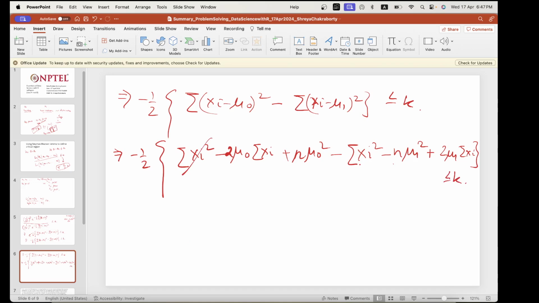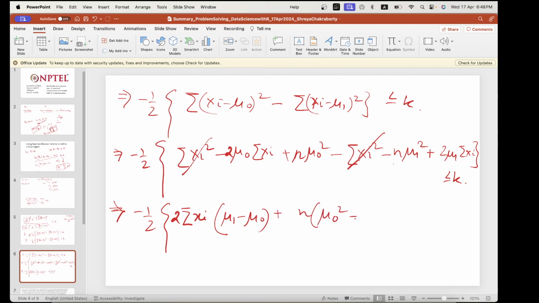So this and this cancel, and if we take summation xi as common, then we have 2 summation xi times (mu1 minus mu naught), and also plus n, if I take common, (mu naught square minus mu1 square).